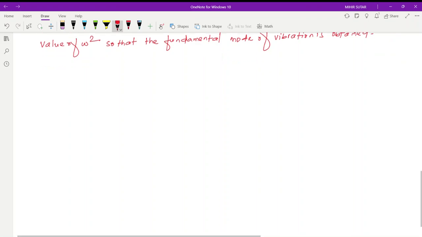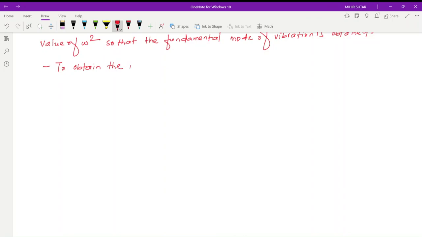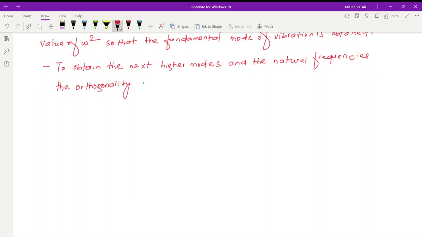Okay. So, to obtain the next higher modes, and the natural frequencies, the orthogonality principle is applied.